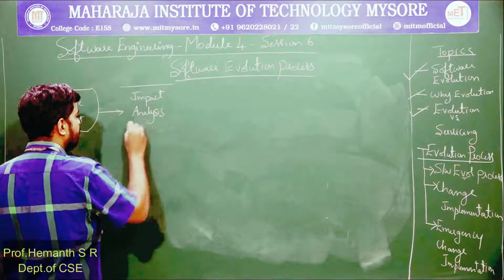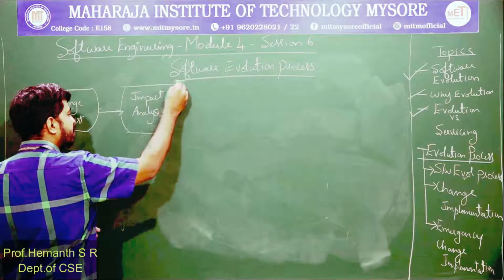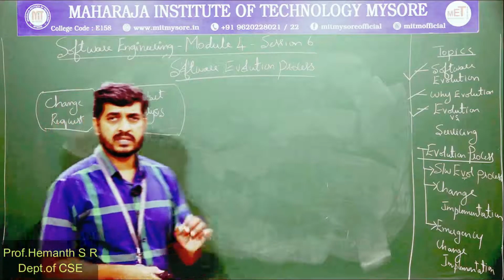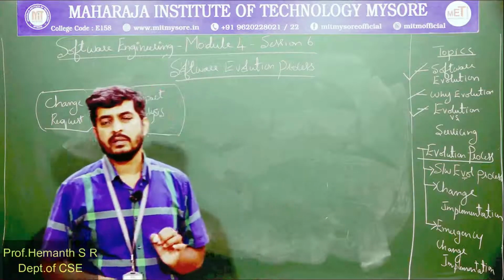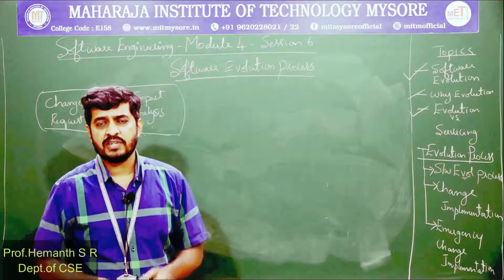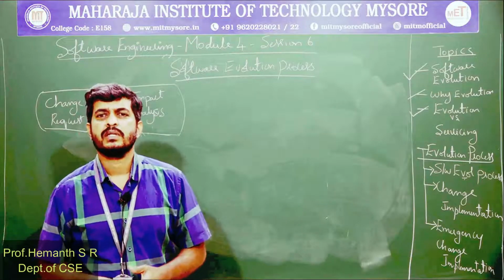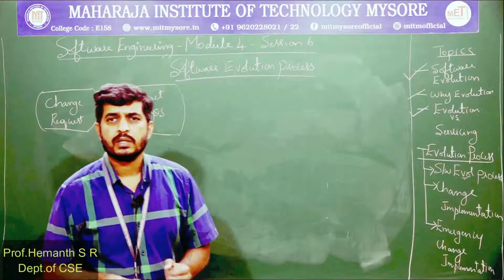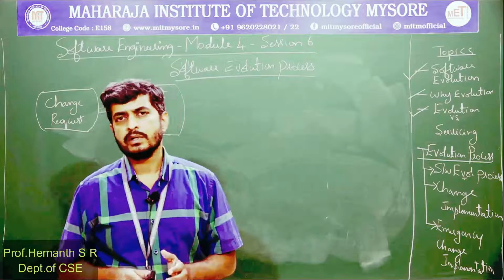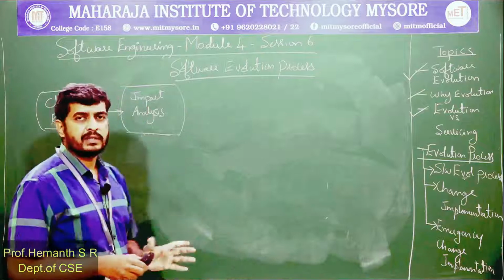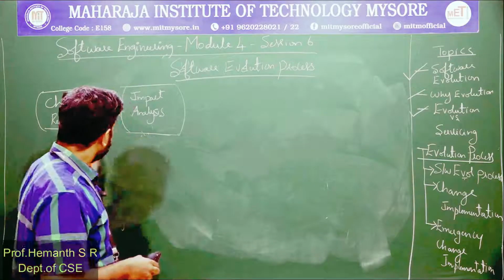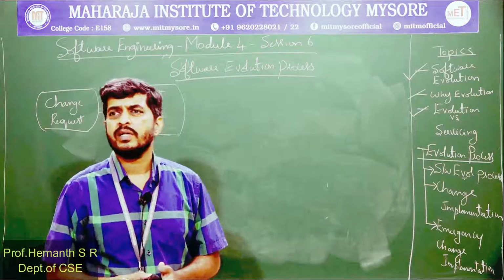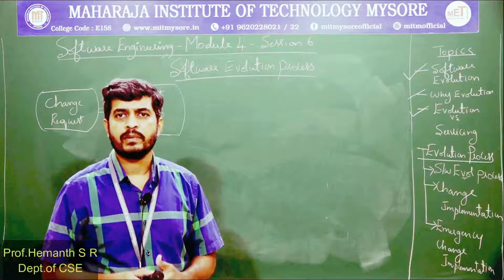Whatever change the client has requested, if those changes are incorporated into the existing software, what will be its impact? Maybe on the other features, other functions, usage of the software, in the environment where the software is being used. So all the consequences that can happen, analysis of that will be done, because if we incorporate the change and it is affecting a different part of the software in an undesirable way, it should not happen.